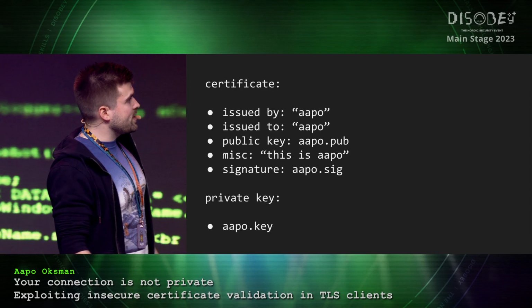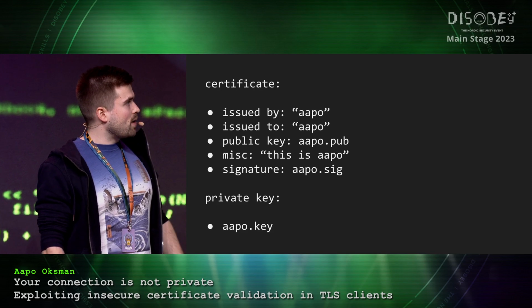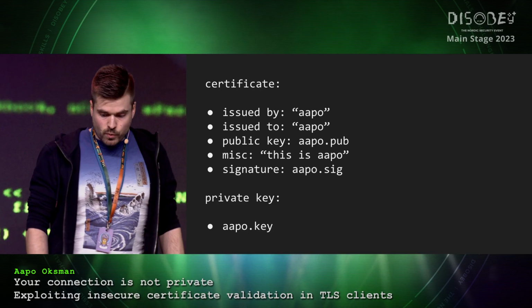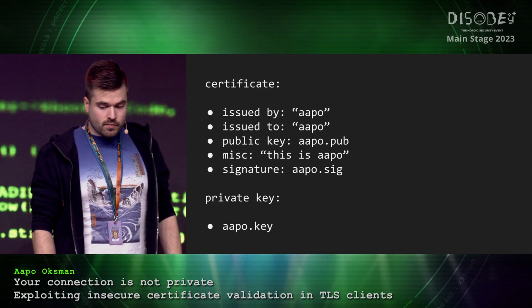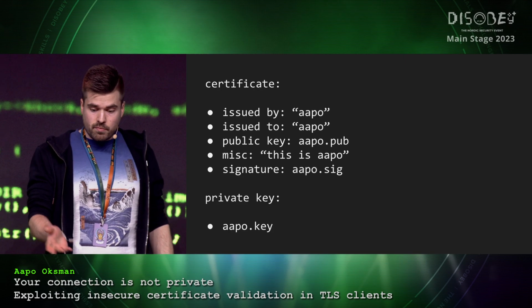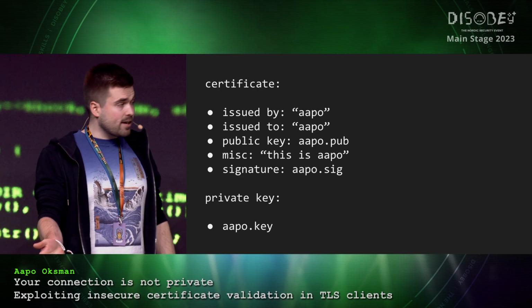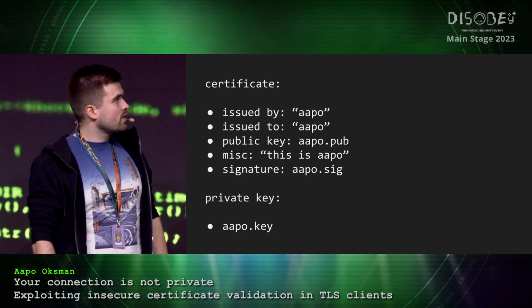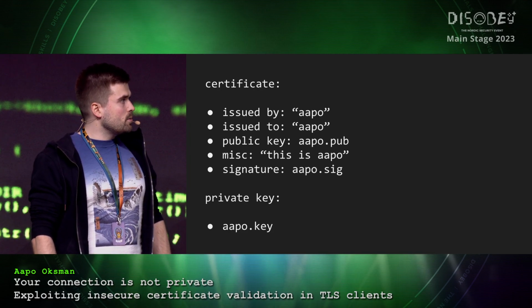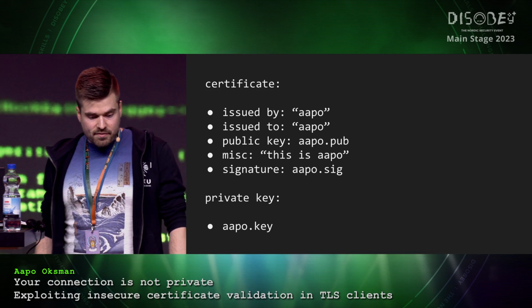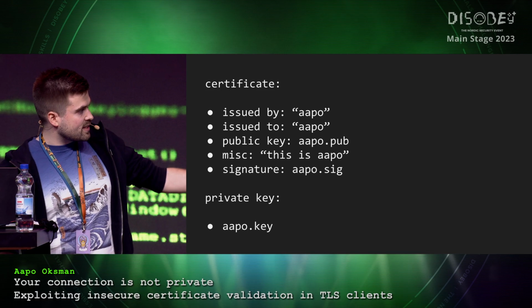So we could have a certificate issued by Aapo, issued to Aapo, with this public key file. It could say, hey, this is Aapo in the certificate, and it includes this signature file also. And if you know your RSA cryptography, you have a public key and a private key.